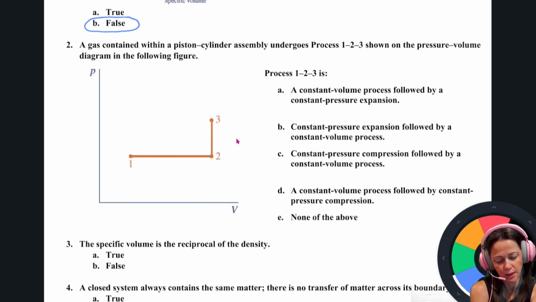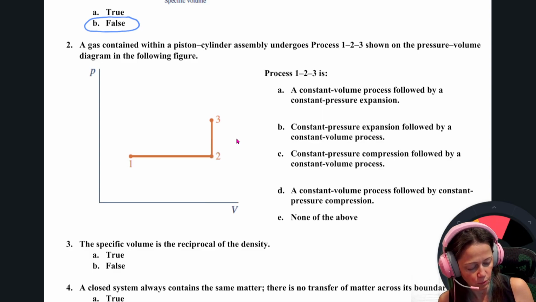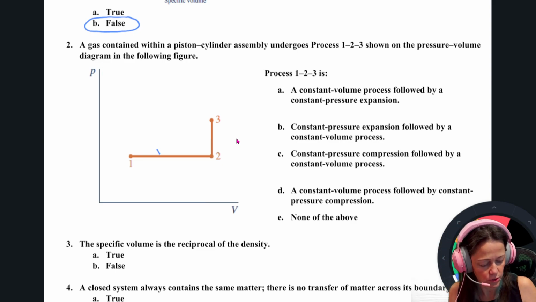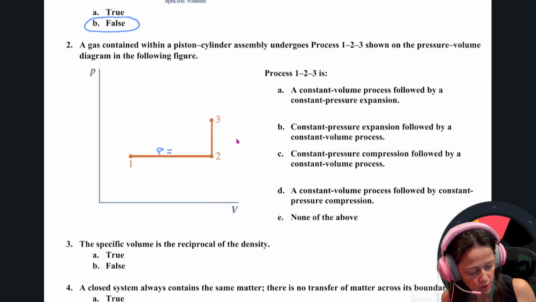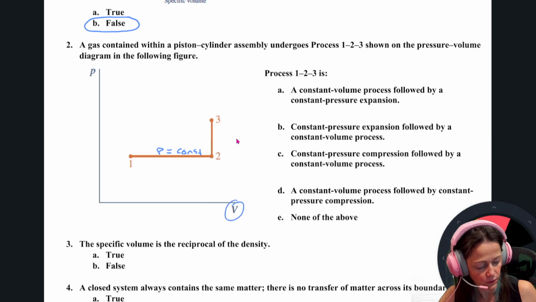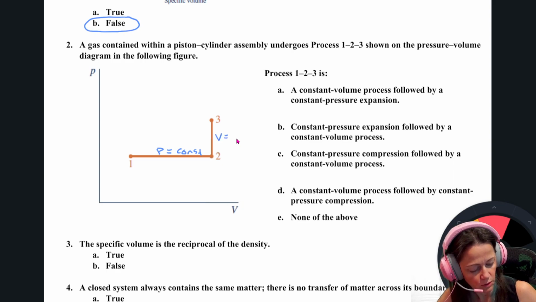Second question: a gas contained within a piston cylinder assembly undergoes a couple of processes. So two processes, on a PV diagram. From 1 to 2, you can see that the pressure doesn't change, so pressure is constant. And then from 2 to 3, you can see that the volume doesn't change, so the volume is constant.